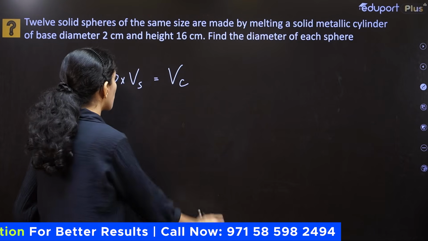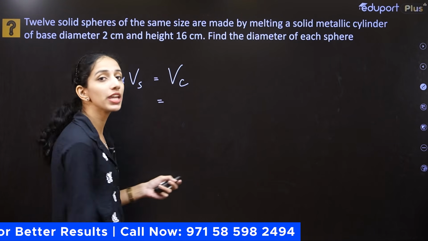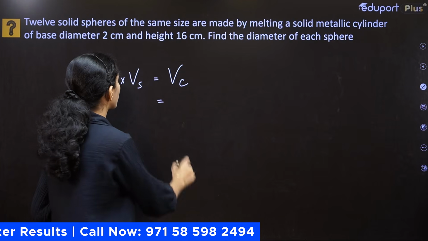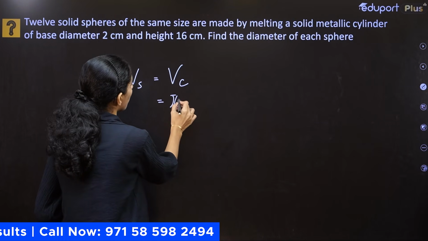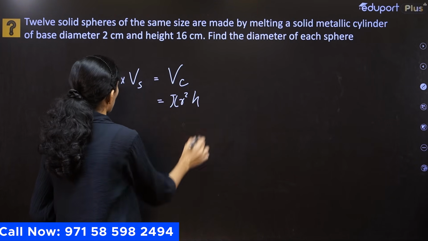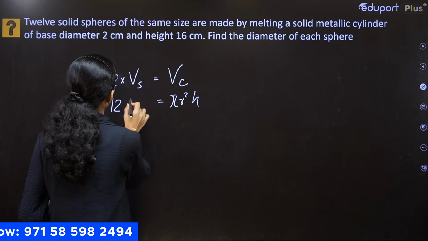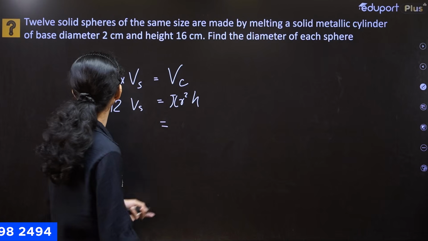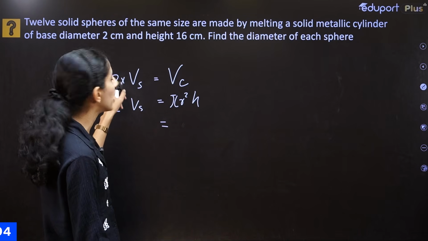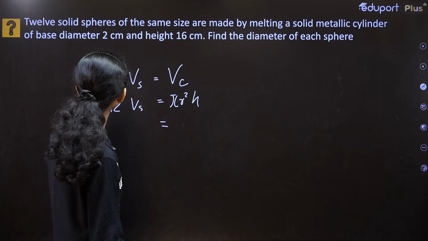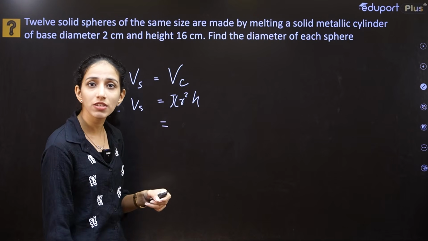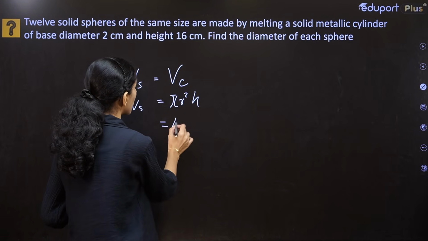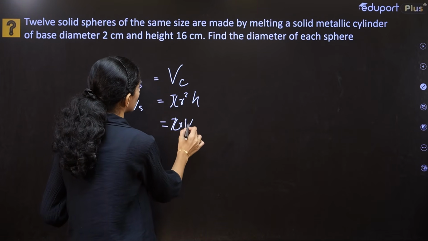How will you find the volume of the cylinder? We already have the values. What is the volume of a cylinder? Pi into r square into h. So 12 into volume of each sphere is equal to pi into r square into h. We already have the diameter. Diameter is equal to 2 centimeter. So what will be the radius? Radius is equal to 1 centimeter. So pi into 1 into height.